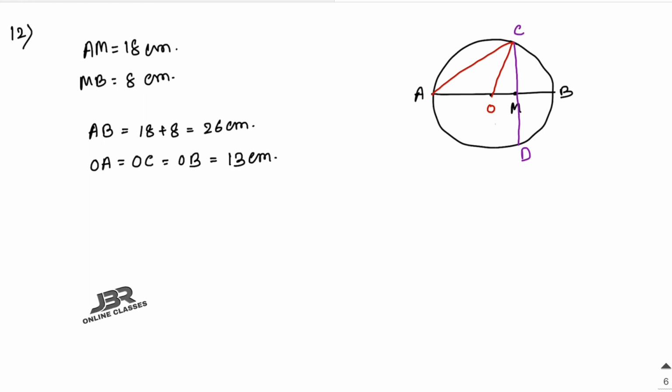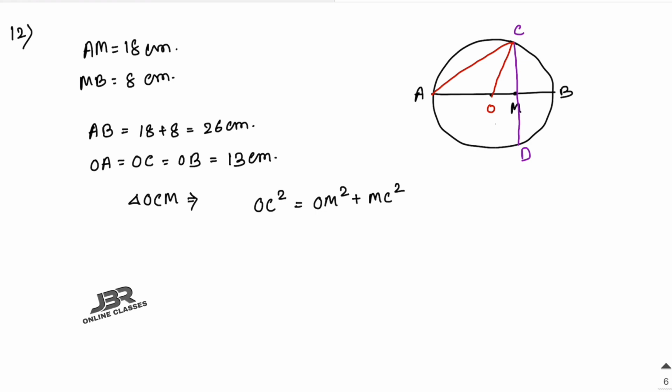So now as CD is perpendicular on AB, you can write down from the triangle OCM, OC square is equal to OM square plus MC square.